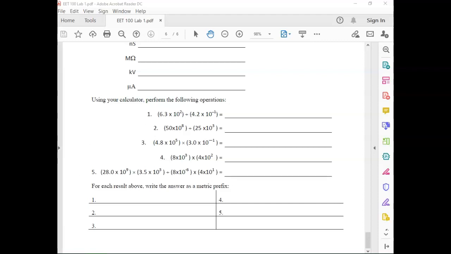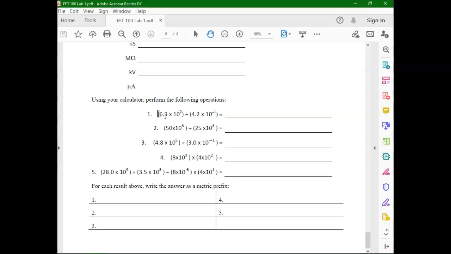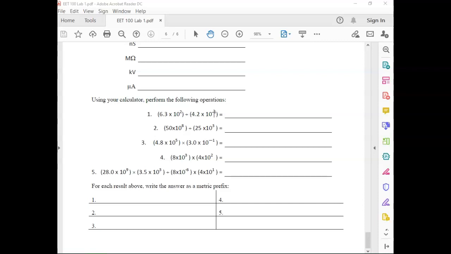So, looking at number 1, we have 6.3 times 10 squared divided by 4.2 times 10 to the negative 1. Okay. So what would be the first step I would need to follow in solving this?